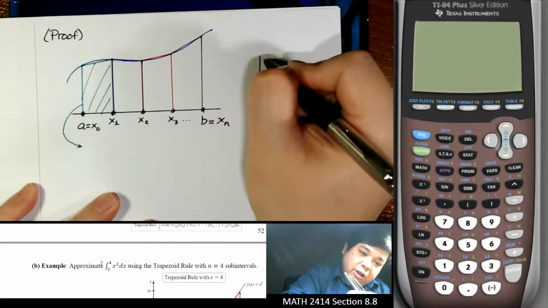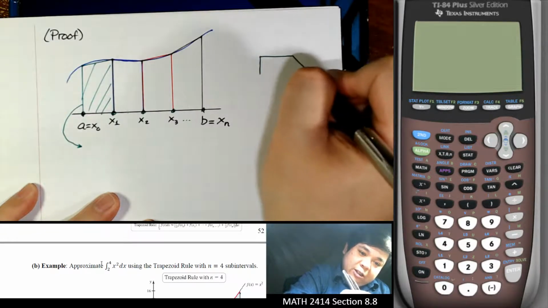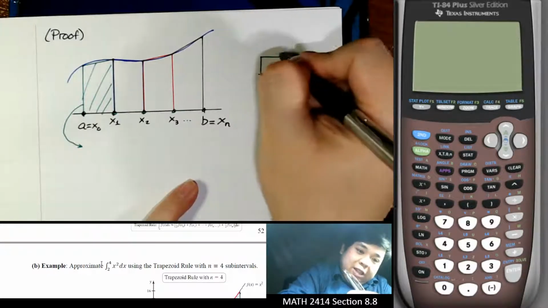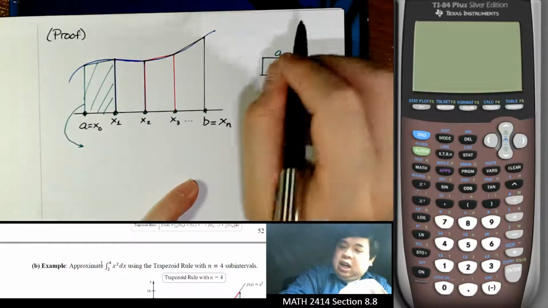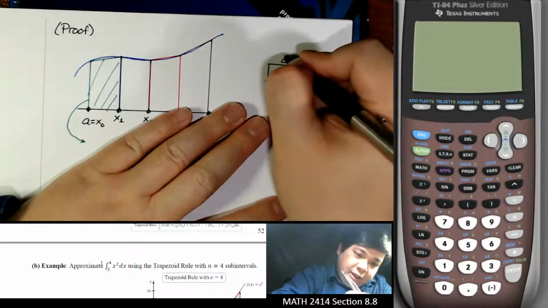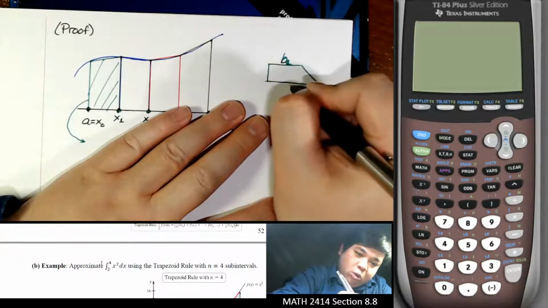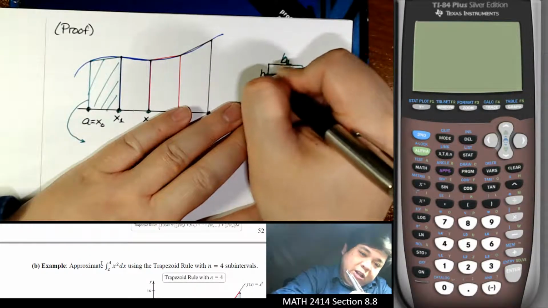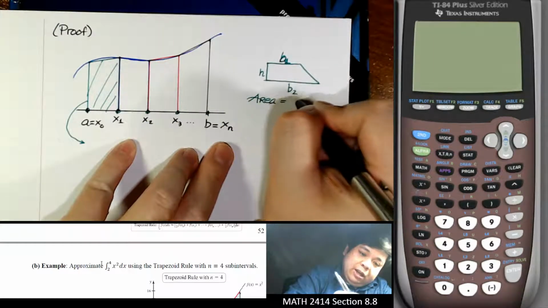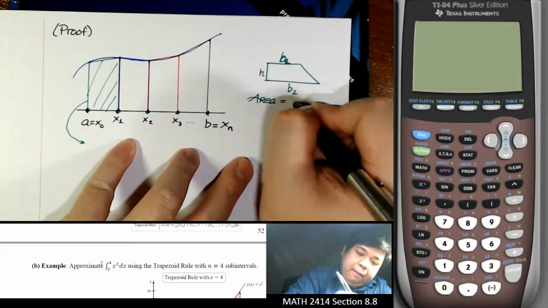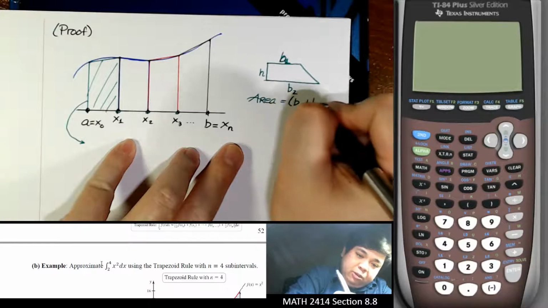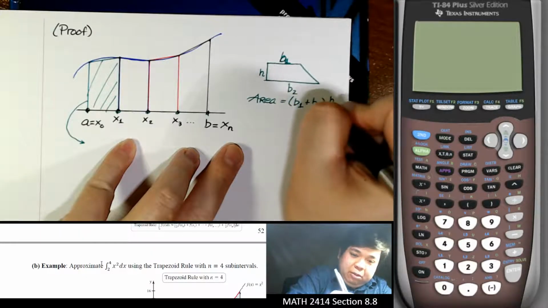So in general, for a trapezoid, I could draw better. A, should not use A. Base 1, base 2, and the height. Area is base 1 plus base 2 times the height divided by 2.